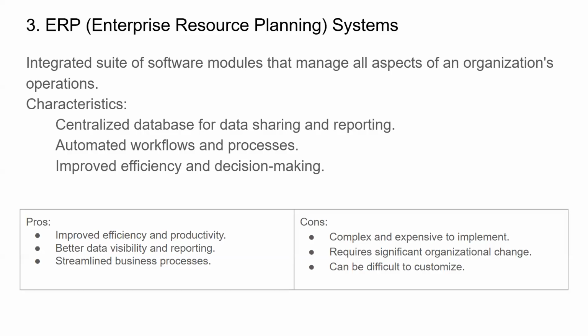Normally we use the term ERP, enterprise resource planning system, in businesses, right? As you know, business is an entity. There are maybe 5 or 6 departments: research and development, marketing, finance, accounting, and also manufacturing. Sometimes we can say purchasing department, right?